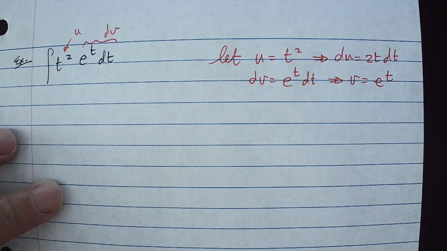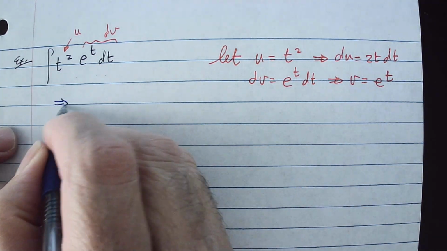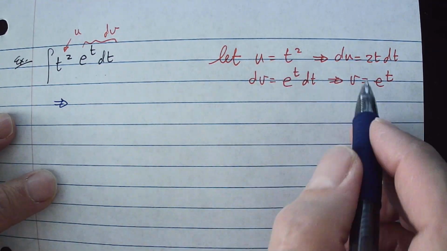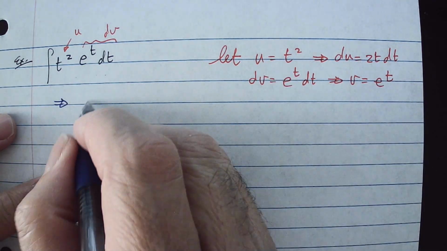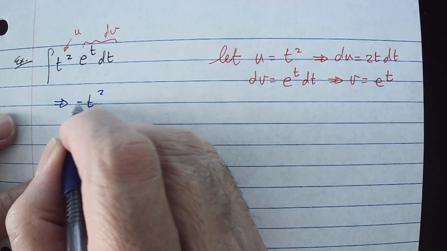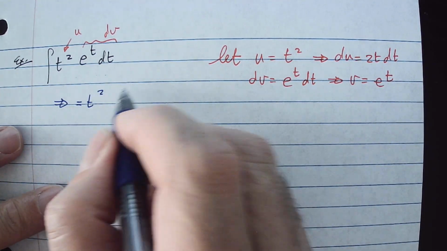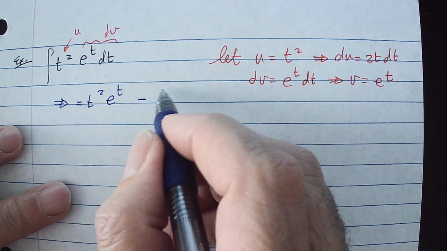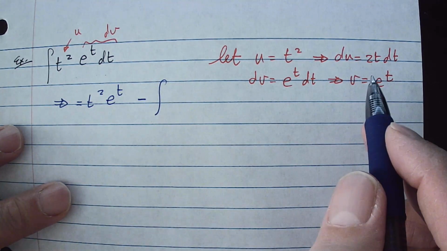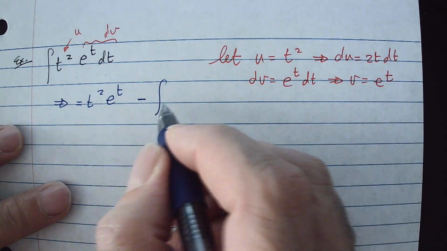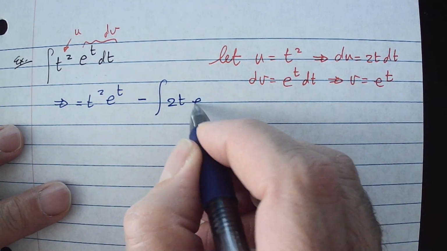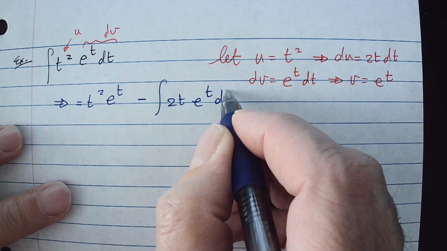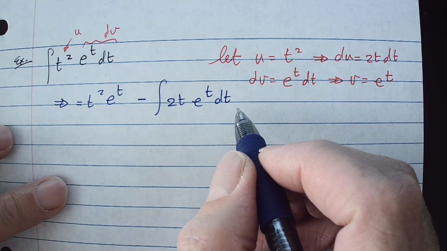Now uv is t squared e to the t, then minus the integral of v du, 2t e to the t dt.